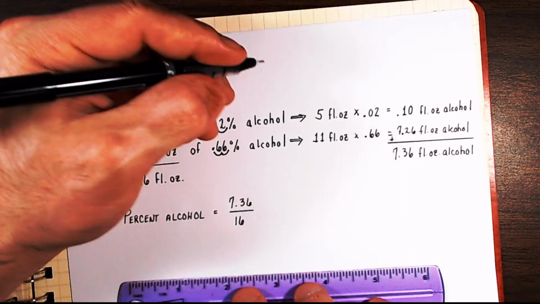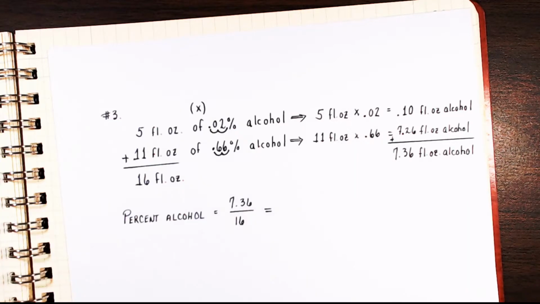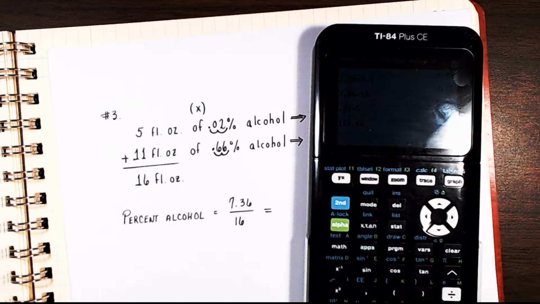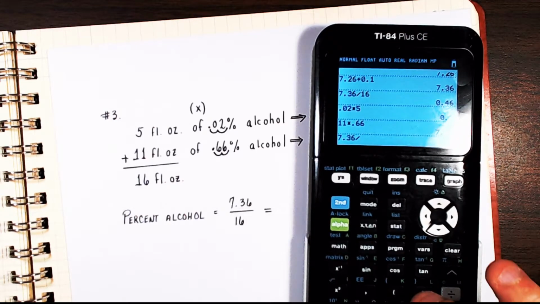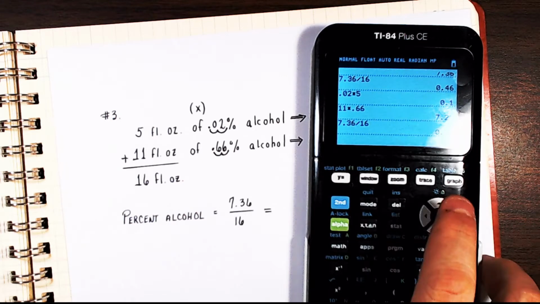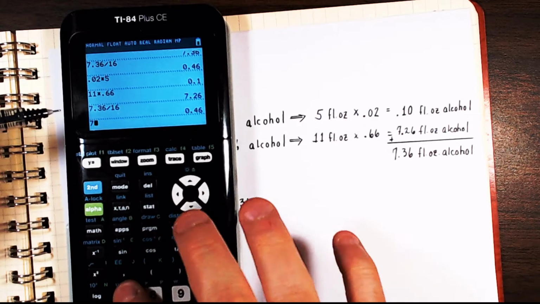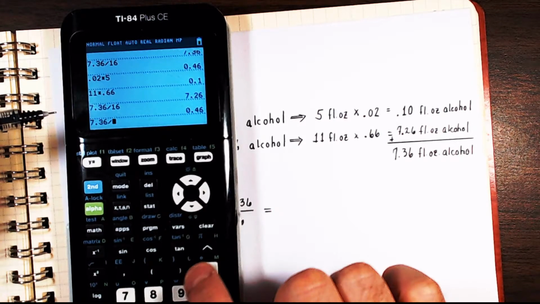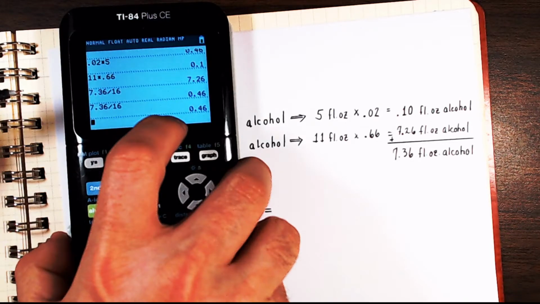We'll get that intermediate calculation and then turn it into a percent. So 7.36 divided by 16 equals, sorry, it was in the glare, 7.36 divided by 16 gives 0.46. Okay.